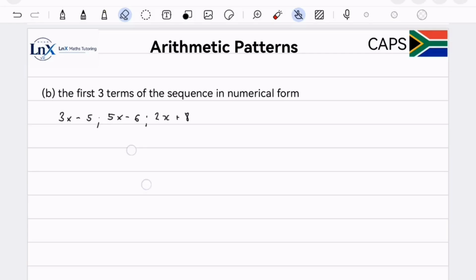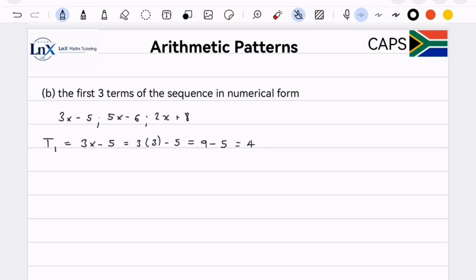So we can say T1 is 3x minus 5. We already know what x is. So x is going to be 3. So this is 3 times 3 minus 5. So we have 9 minus 5, which is going to give us what?